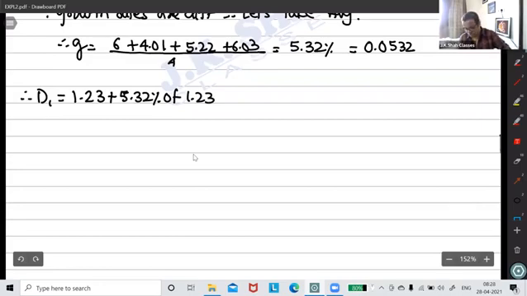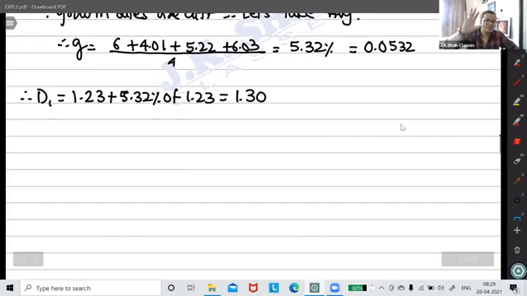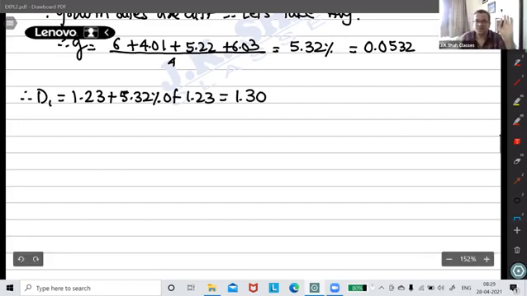So 1.23 plus 5.32% is 1.295, so let's make it 1.30. Is this D1 calculation clear to everyone? Whatever is the last dividend, 1.23, we added the growth rate to it, so it came to 1.295, fine enough, 1.30.